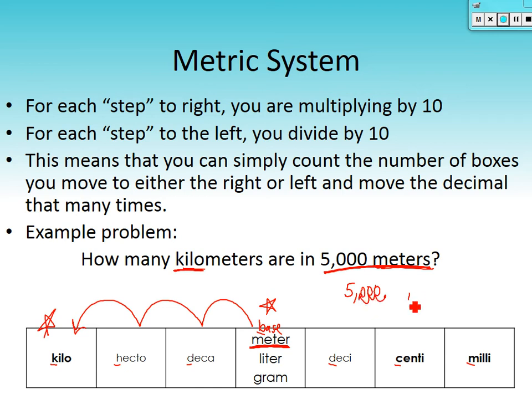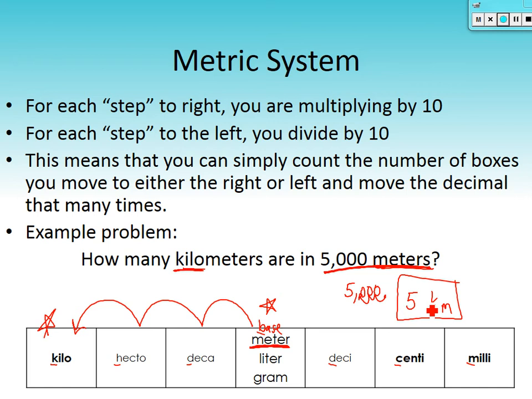And so now it becomes 5. And the decimal will be right here. 5 what? Well, 5 kilometers. So in 5,000 meters, that's 5 kilometers. So it's very easy, and that's what makes the metric system so useful.